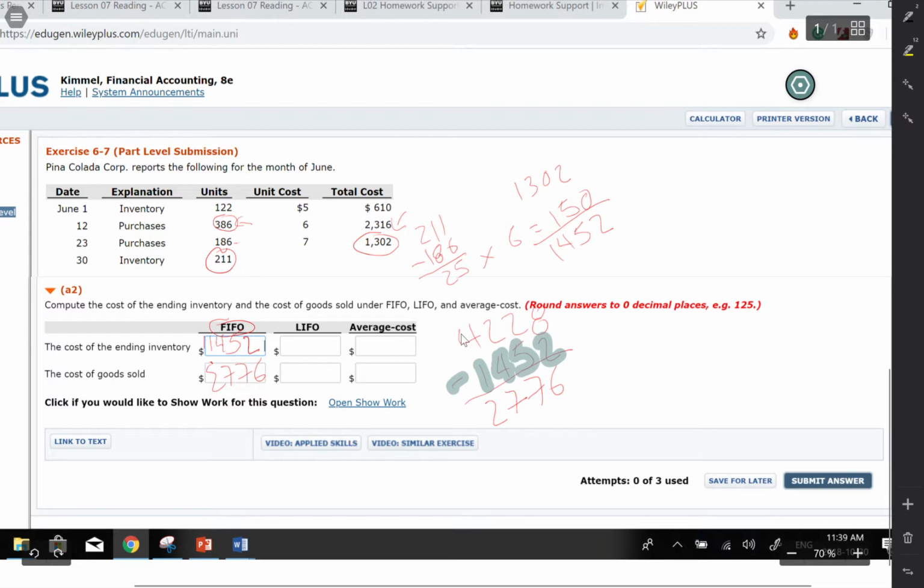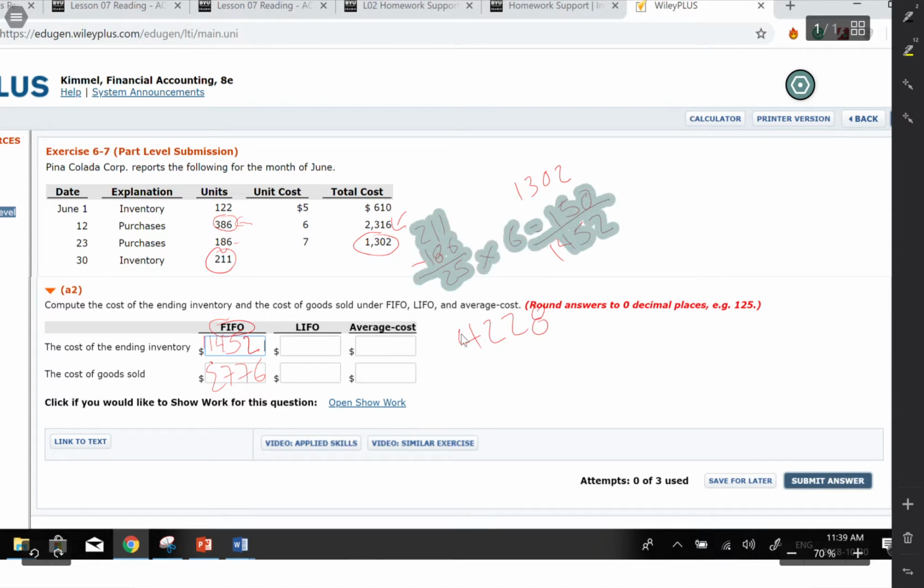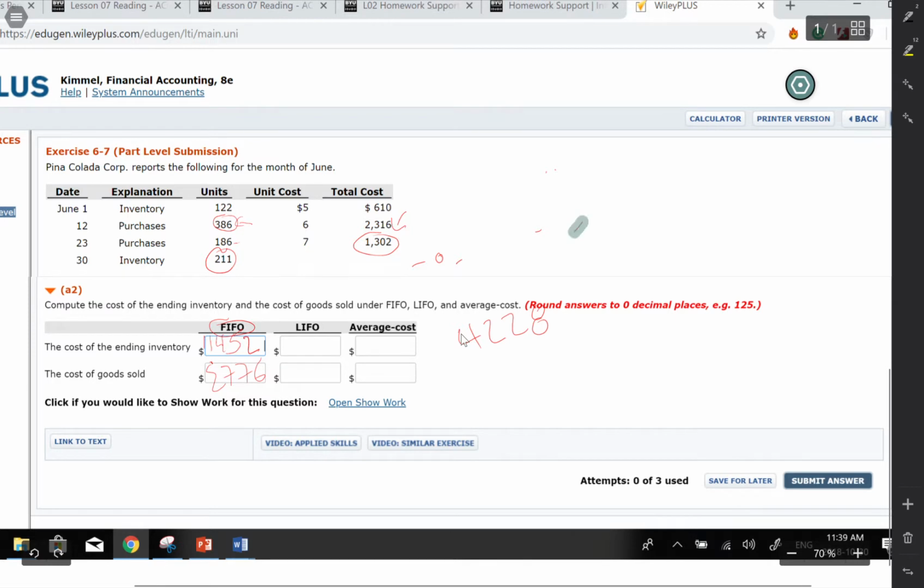Now we have to repeat the same process under LIFO. As you already know, LIFO stands for last in, first out. Under LIFO, we use the same formula, but the calculations will be done slightly differently.